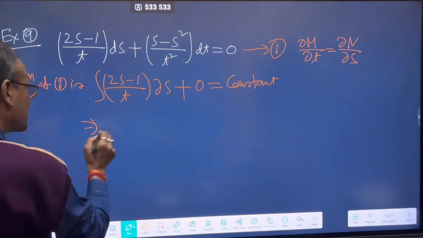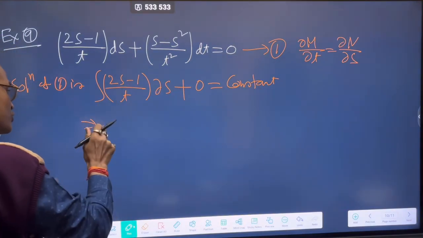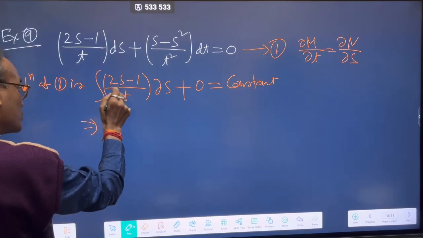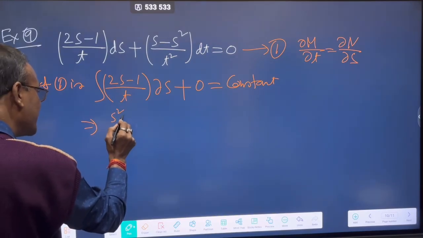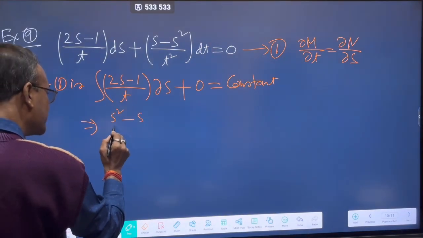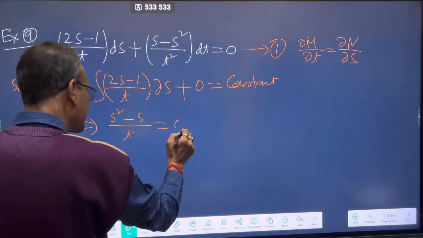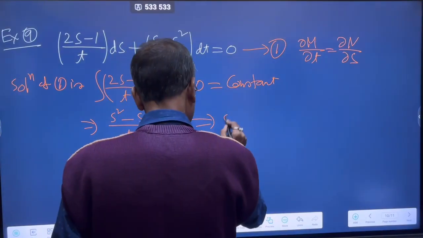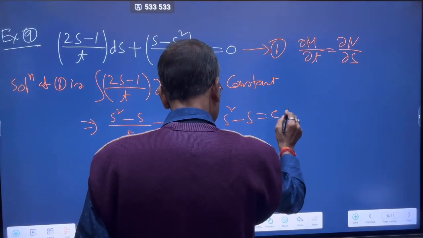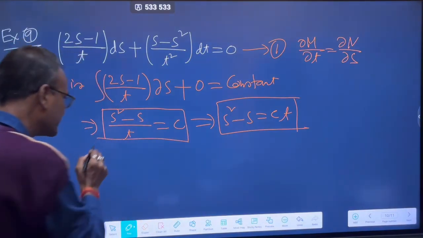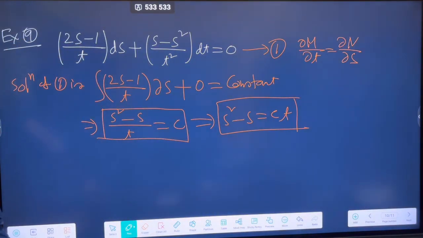This means with respect to s, treating t as constant, 1 by t is constant. Integration of 2s is s square, integration of 1 is s, divided by t equal to constant c. This means s square minus s is equal to ct. This is the solution of the differential equation.